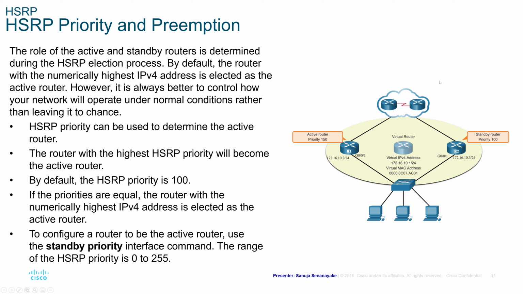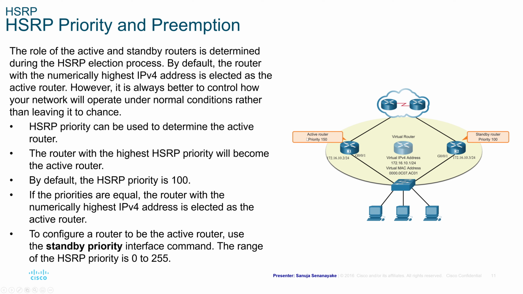On the right-hand side, you have a network diagram provided by Cisco, and it has a virtual router with two routers associated with it, R1 and R2. R1 becomes the active router because the network administrator has set the standby priority to 150.